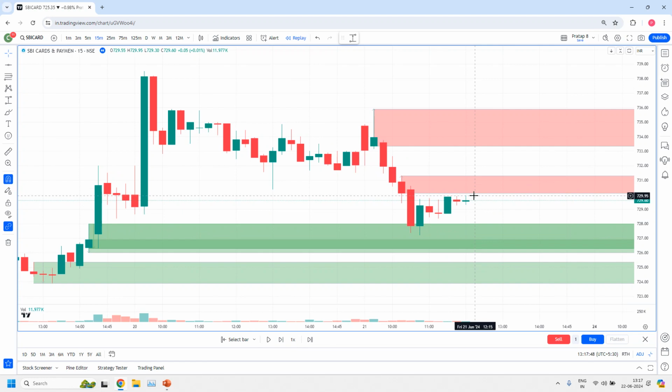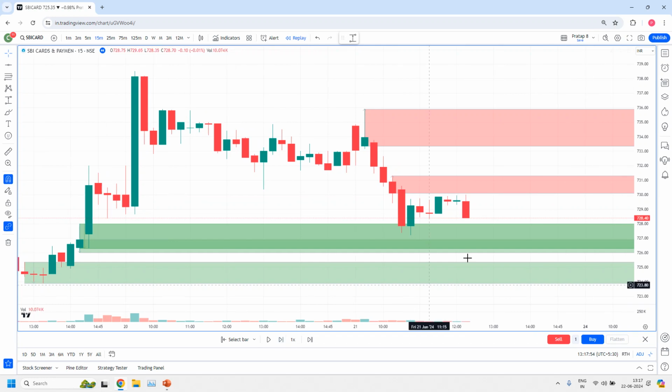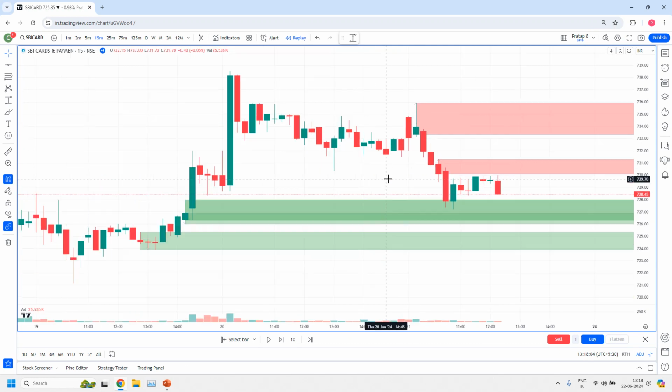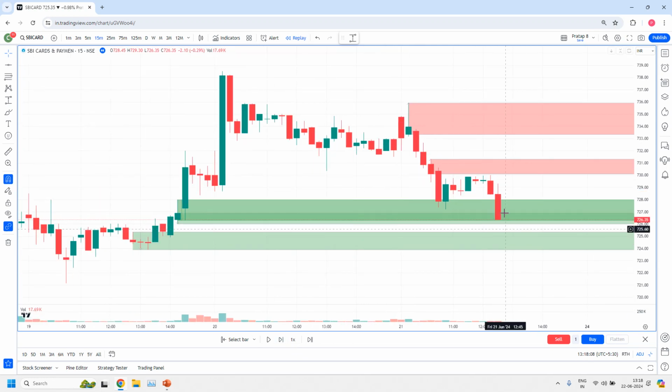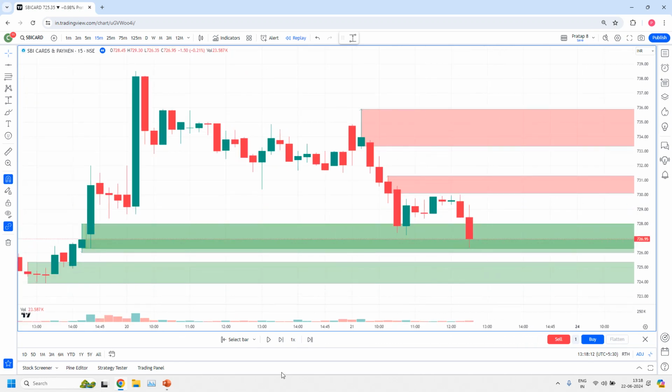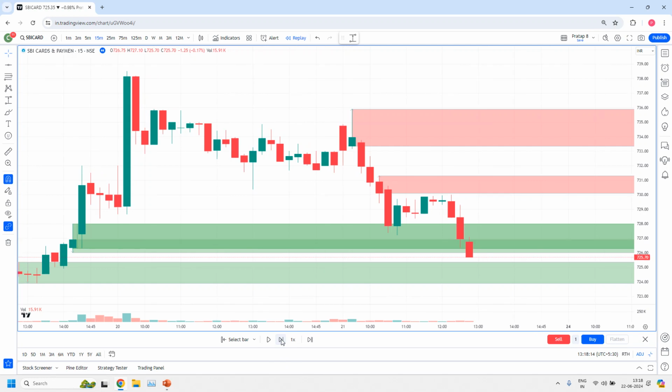Market further went very near to this zone. See, again market went near, almost, it's a negligible distance. So one of these candles definitely would have exited if you are following the principles. See, after that market came to this zone and then violated.